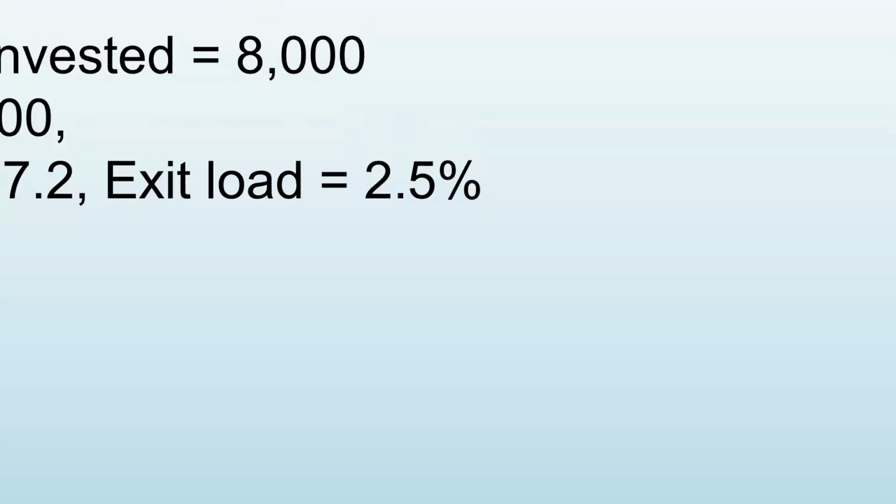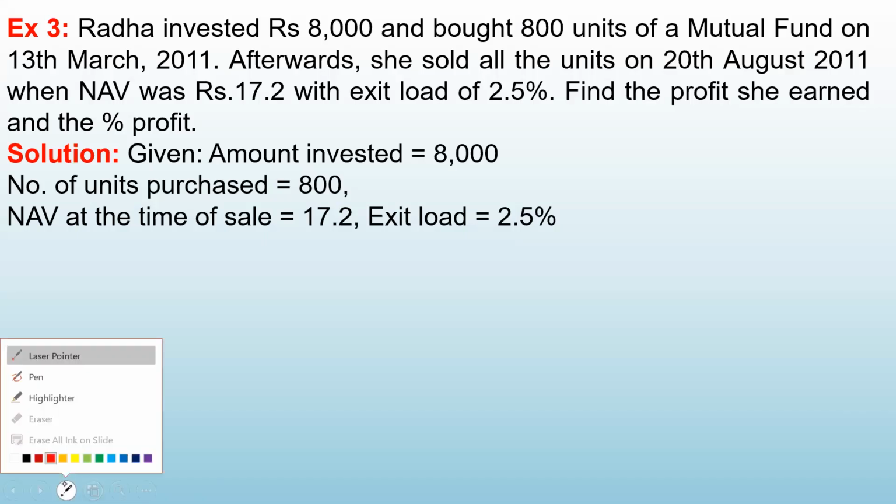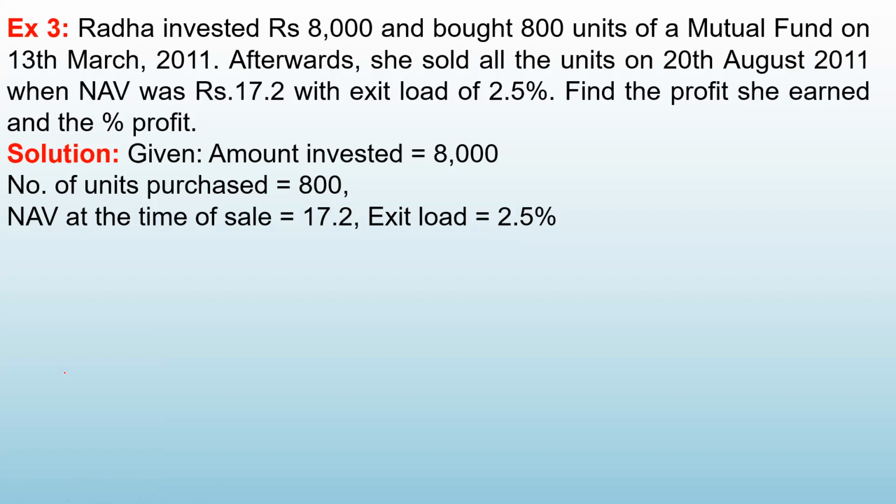So, selling price of a unit is what? It is NAV minus exit load. What is the NAV? When she sold the units, the NAV at the time of sale was 17.2.